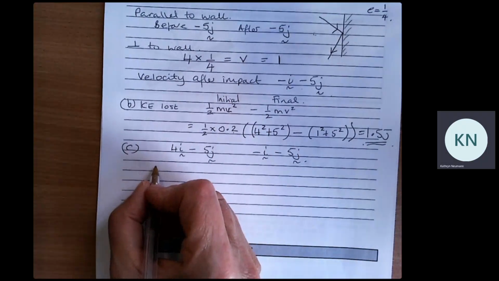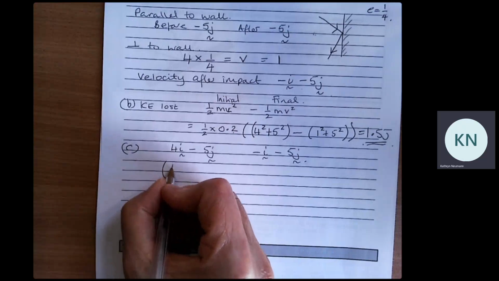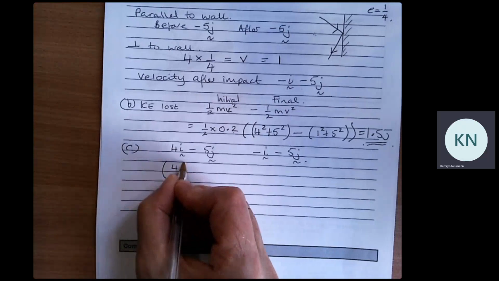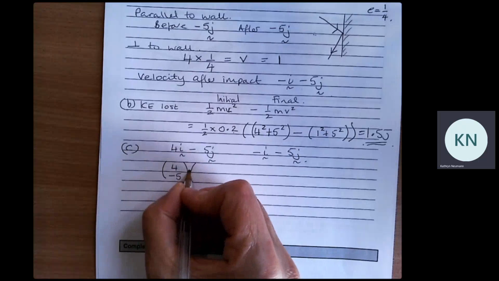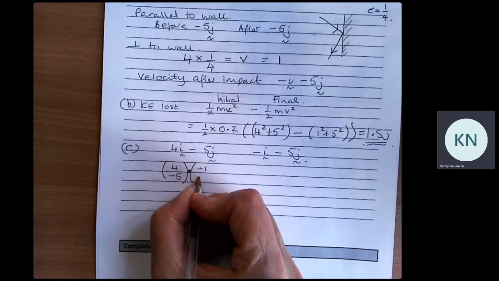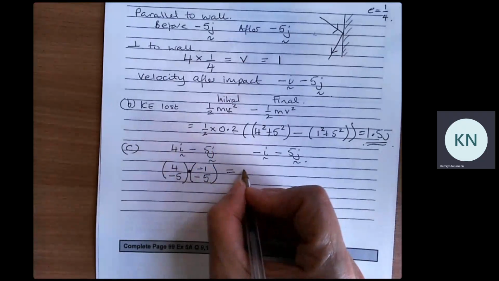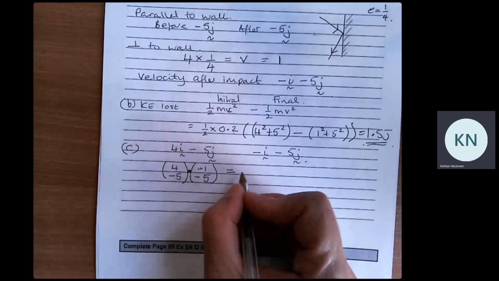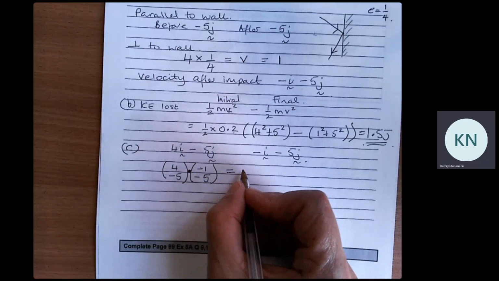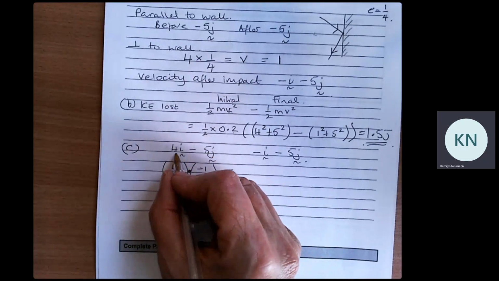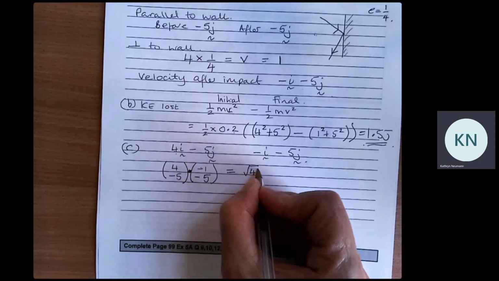So in order to do that, we're going to use a scalar product. So I'm going to say 4 minus 5, dot product of that with minus 1 minus 5 is equal to the modulus of the first vector, root of 5 squared plus 16 squared. 5 squared plus 16, it's going to give me root 41.